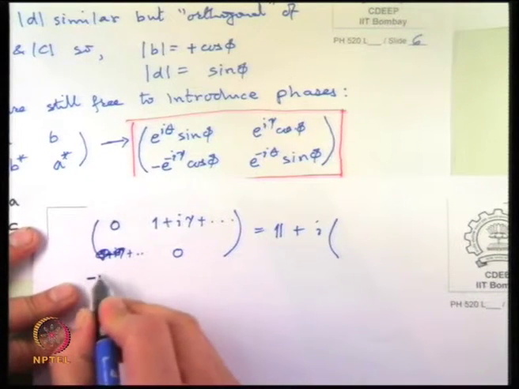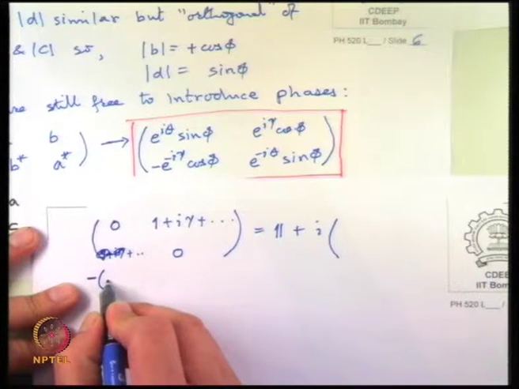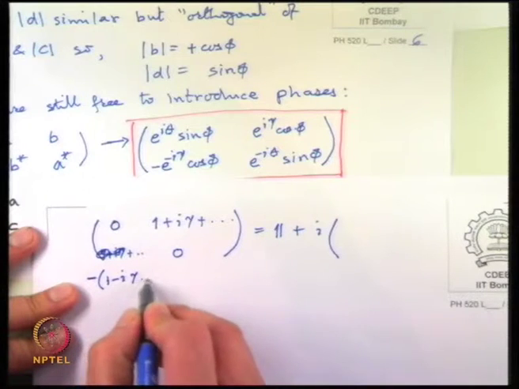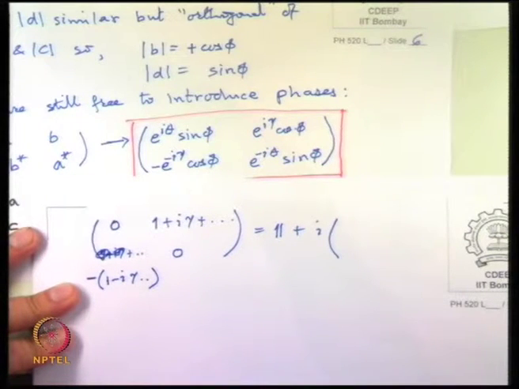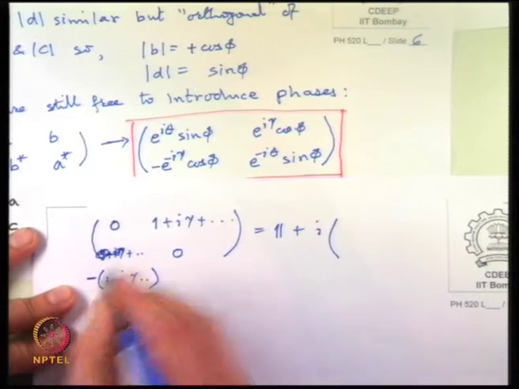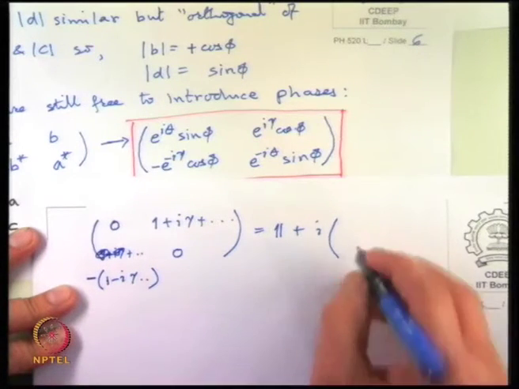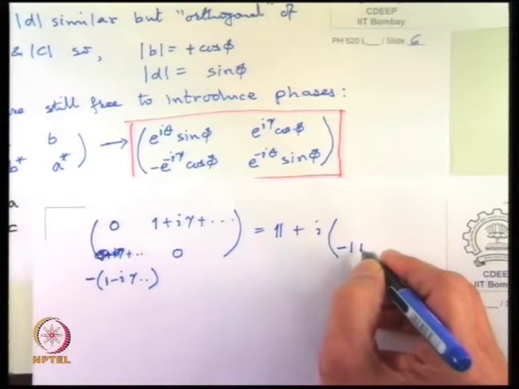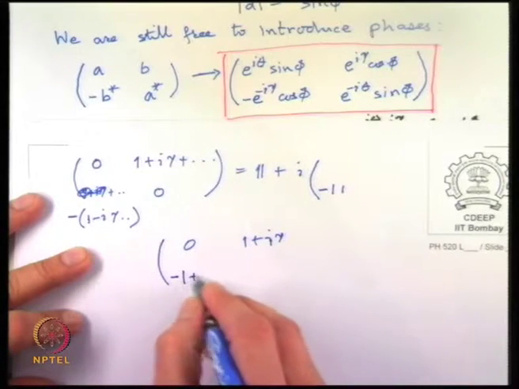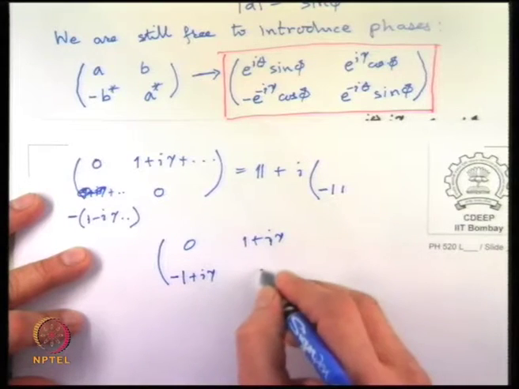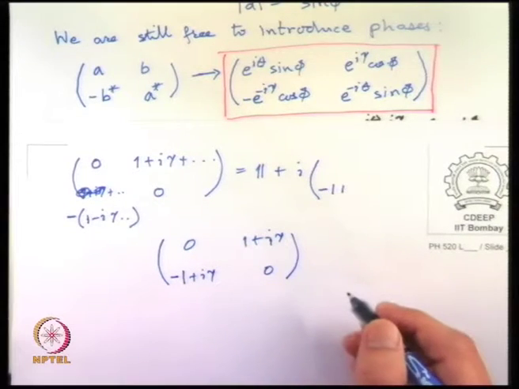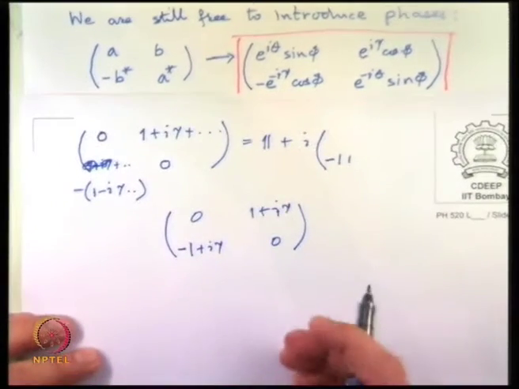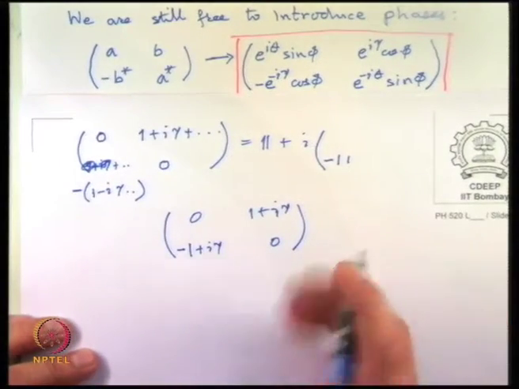So minus times 1 minus i gamma, so I am getting minus 1 plus... this is not the expansion we expect, because we want it to be identity plus something.